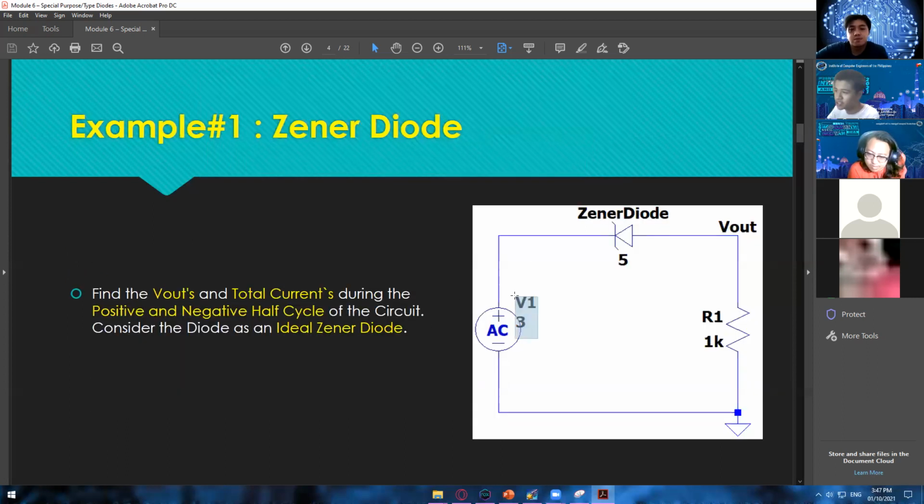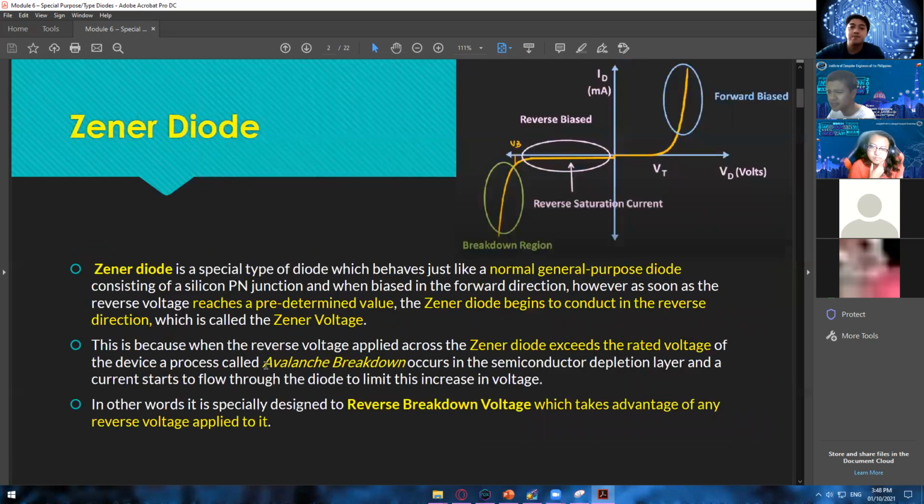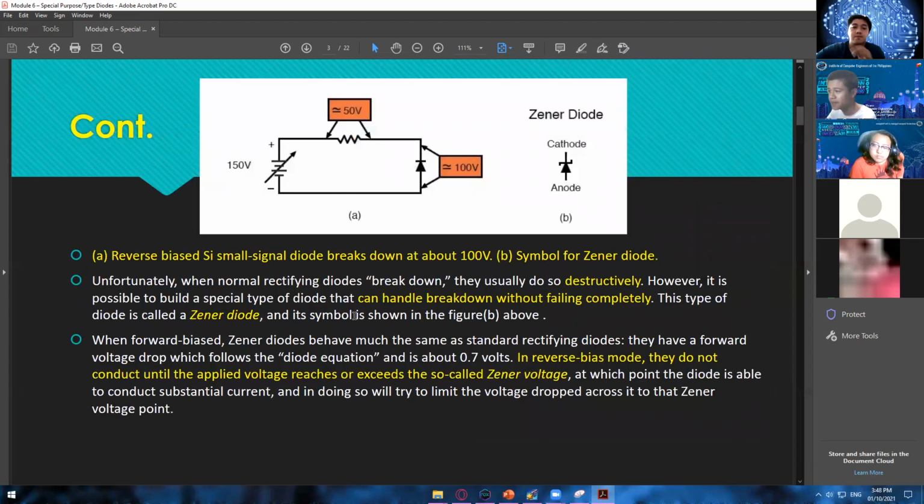So as a result, we're going to apply what we have learned. Is this voltage source enough to make this one permit a current? Anyone? Okay. So of course, no, since 3 volts is not enough to make this work in an avalanche, or the Zener voltage.